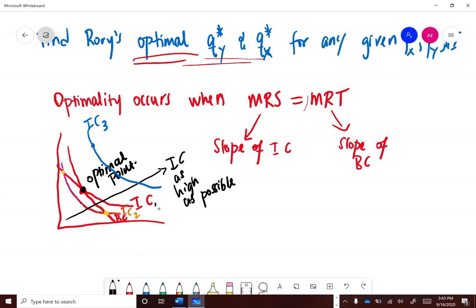Now, this is one of the most important things you should walk away from with an intermediate micro course: the optimality condition for consumers' constrained choice. MRS is equal to MRT.